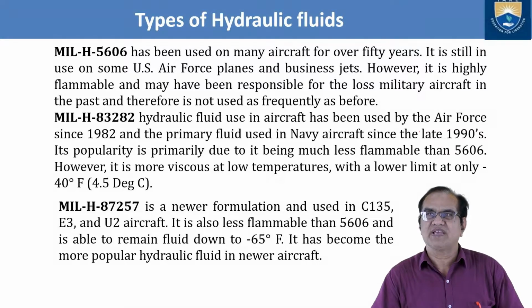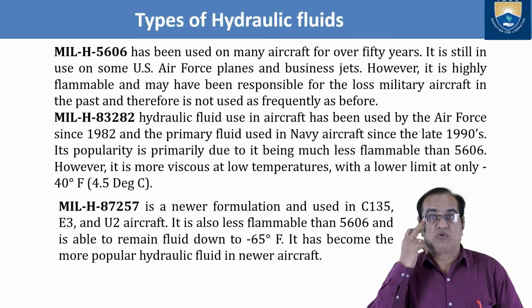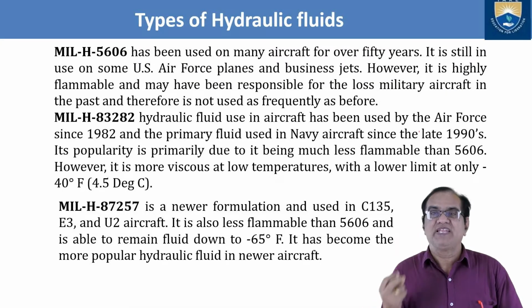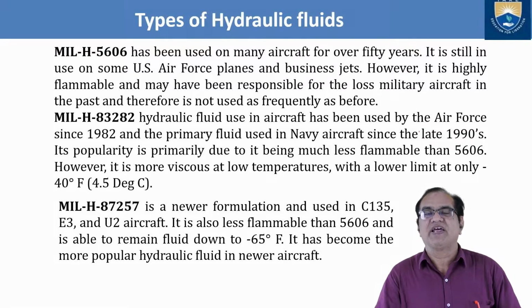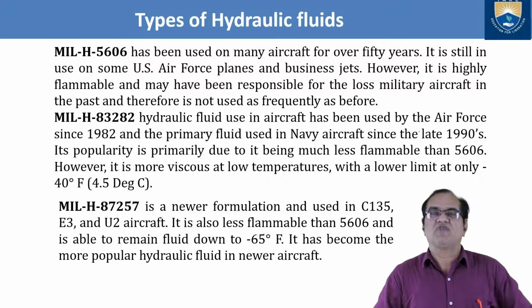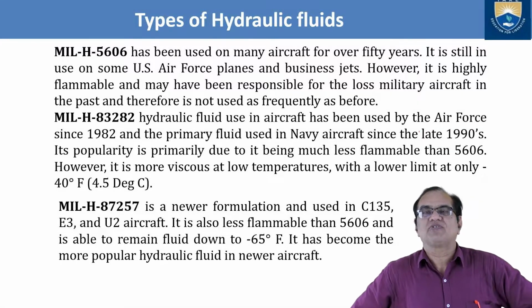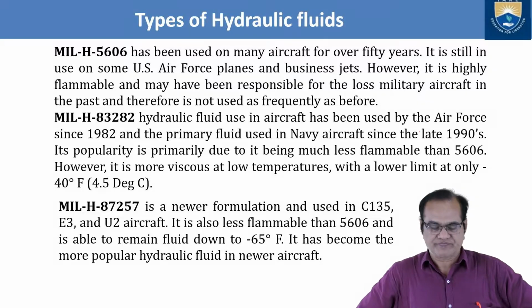So with this one, fire chances are very high because it is not able to go to a higher temperature zone. Initially a few accidents happened, and now this hydraulic fluid is restricted to very limited use in military aircrafts, that is, to very low performance aircraft.